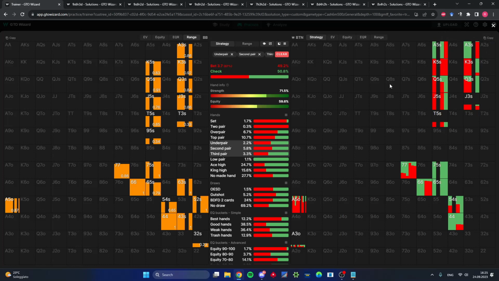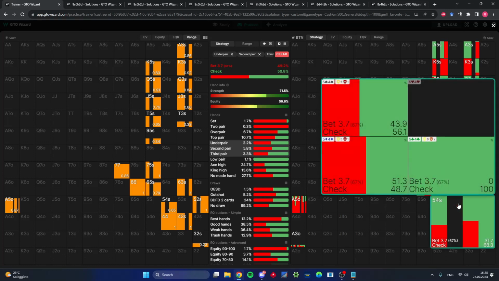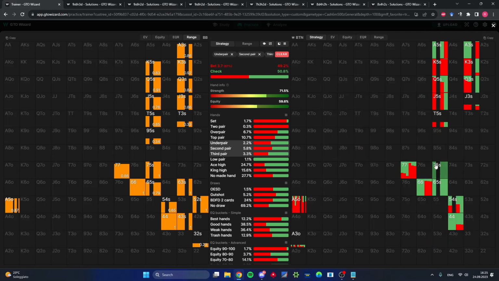And I would expect 6-5, 7-5 to bet a bit more often with the extra backdoor equity. We see it with the 5-4 a bit, but I would think that those hands would have bet a bit more often compared to a hand like jack 5, so that's interesting. And that's pretty much it. Just mixing.